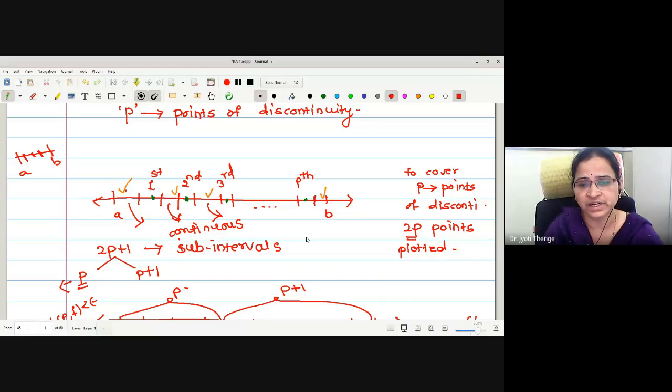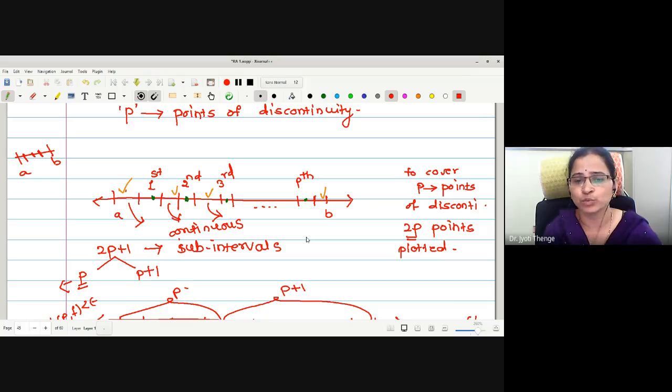One point of discontinuity will be covered in one subinterval, right? Therefore, to cover P points of discontinuity, we have to plot 2P points on the closed interval AB.